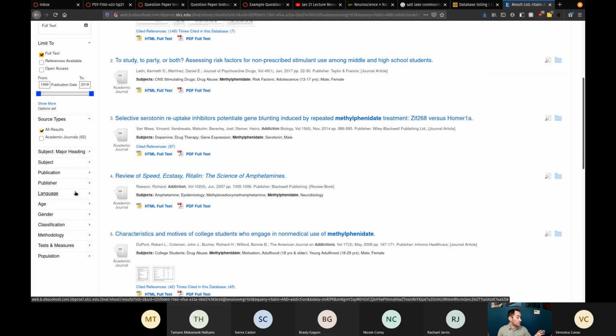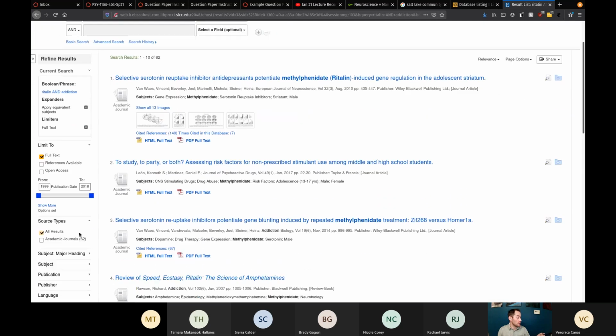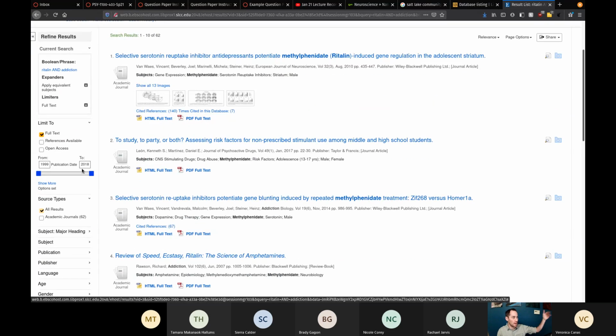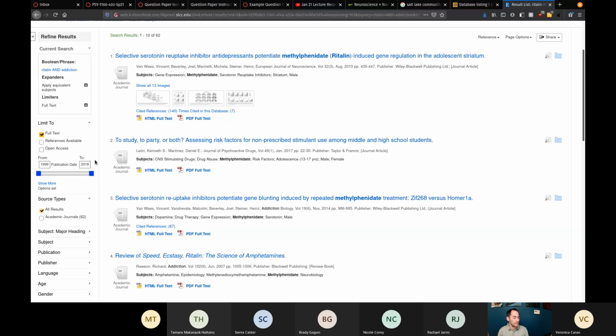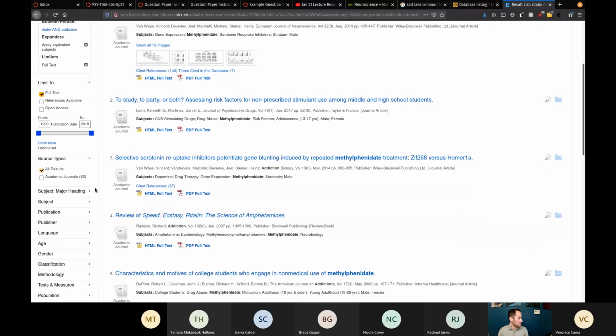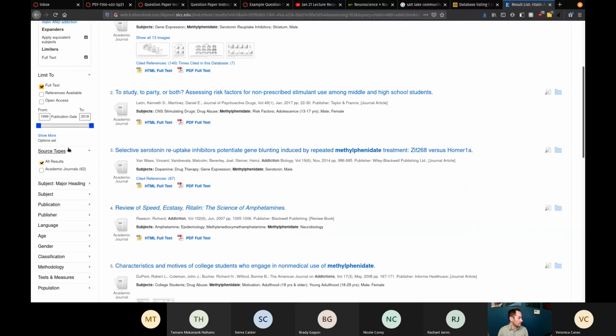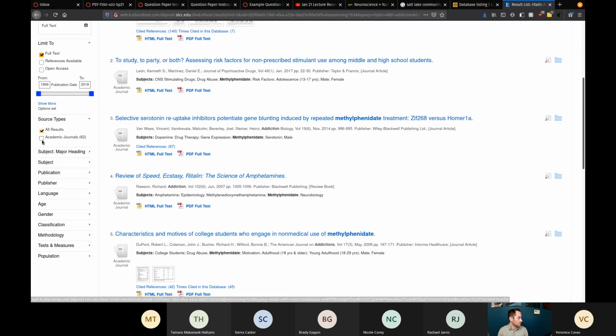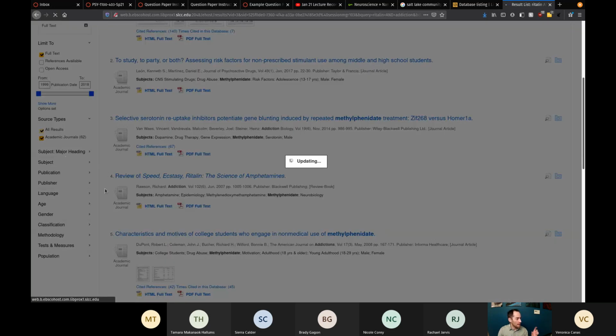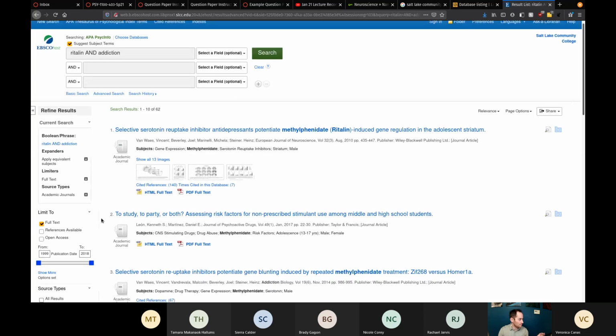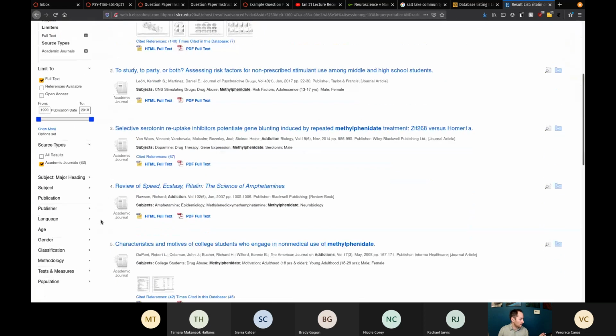I believe I was trying to figure this out in my earlier class because they changed some of the interface. So I wasn't actually able to find the button to say I only want peer reviewed journals. So I think it might just be completely default set to peer reviewed right now.